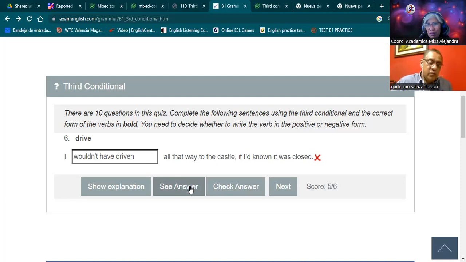It's modal past, past perfect. I wouldn't have driven all that way to the castle if I had known it was closed. Remember, if in past perfect, the other sentence with the conditional in past: would have, could have, etc.